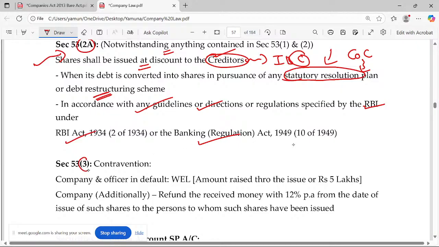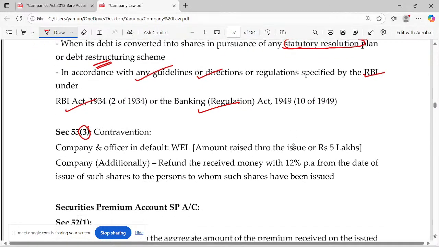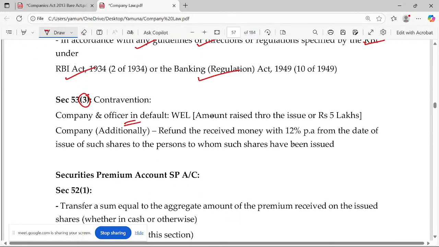Let me go to subsection 3, contravention. The company and officer in default will be liable for the amount raised through the issue or 5 lakh rupees, whichever is lesser. Additionally, the company has to refund the received money with how much interest? 12% per annum from the date of issue of shares to the person to whom such shares have been issued.